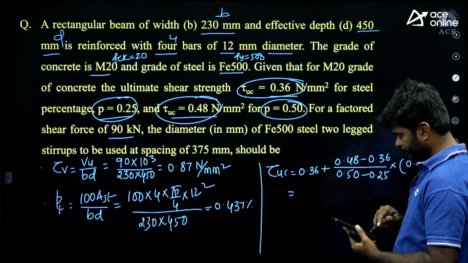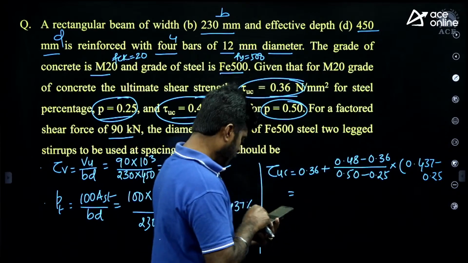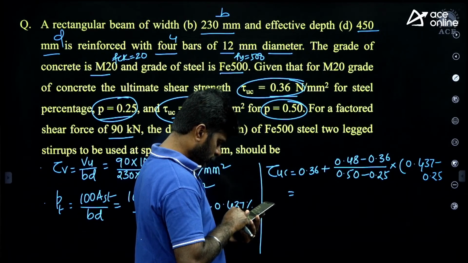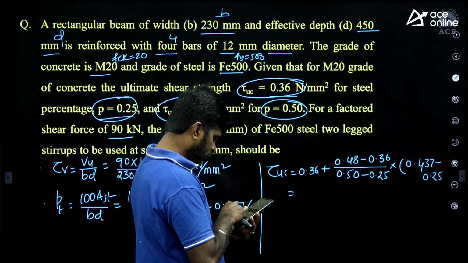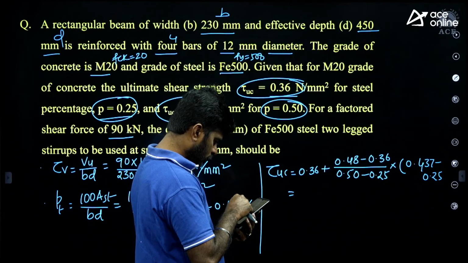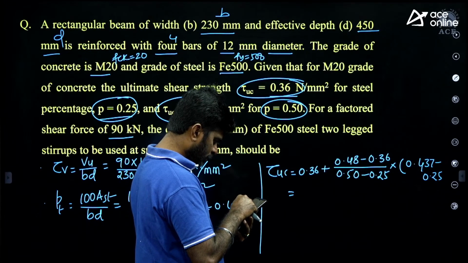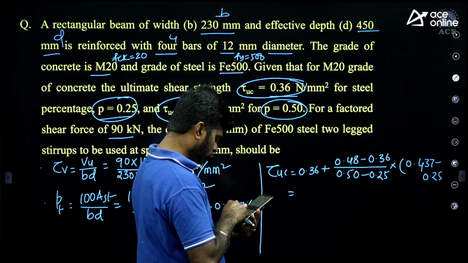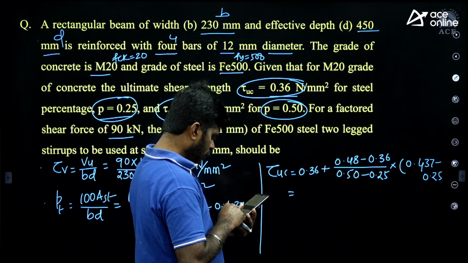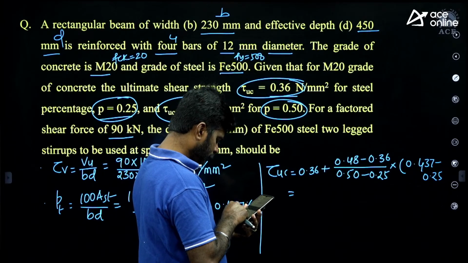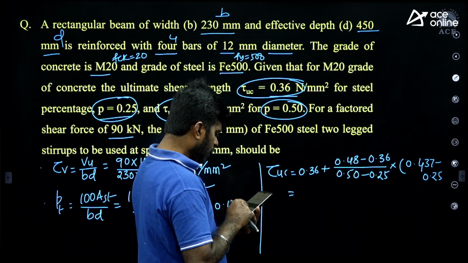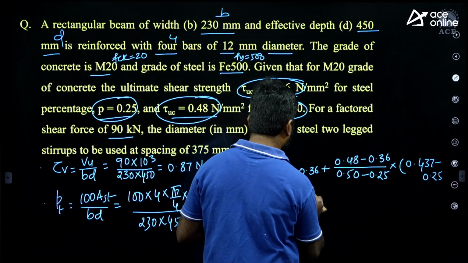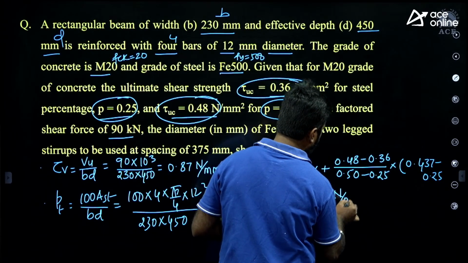My dear, 0.48 minus 0.36 into 0.437 minus 0.25 divided by 0.25 plus 0.36, 0.4497, let us say 0.45 Newton per mm square.